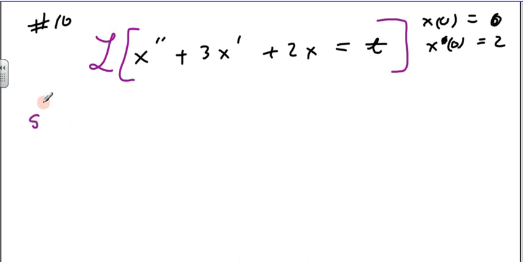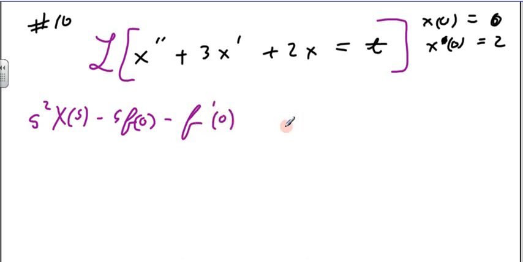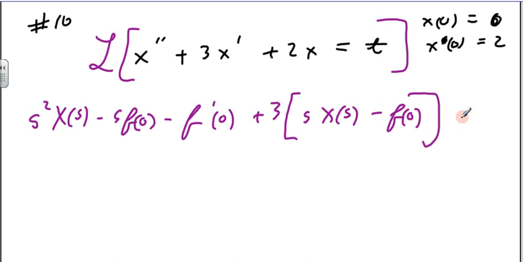So I'm going to have s squared X of s minus s f at 0 minus f prime at 0 plus 3 times s X of s minus f at 0 plus 2 X of s is equal to 1 over s.